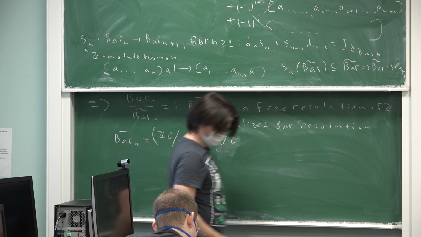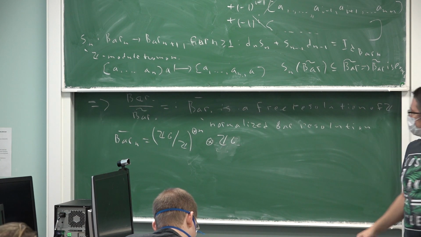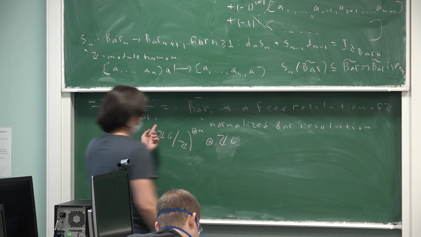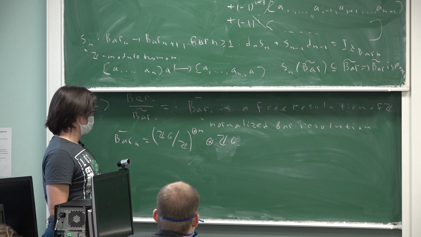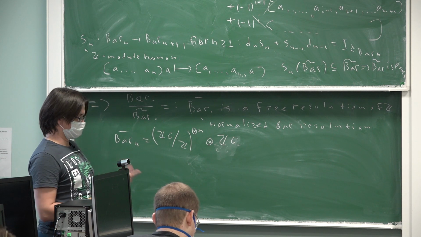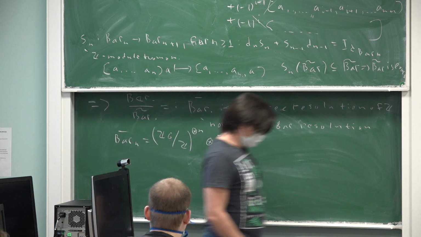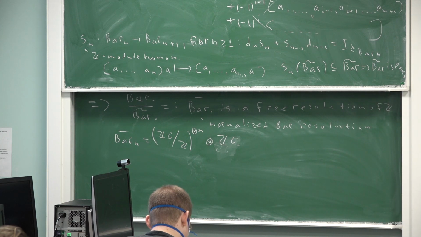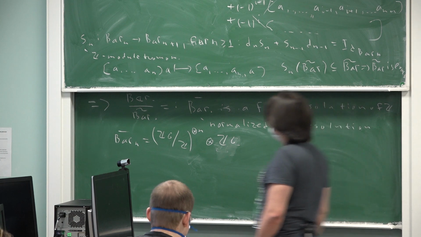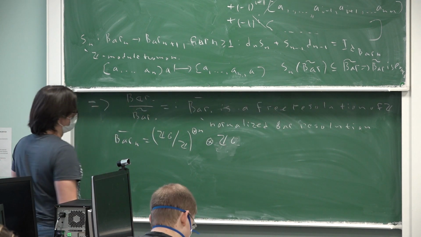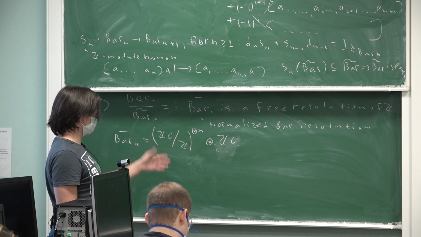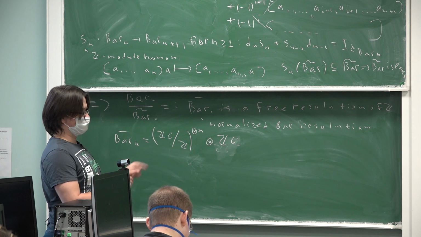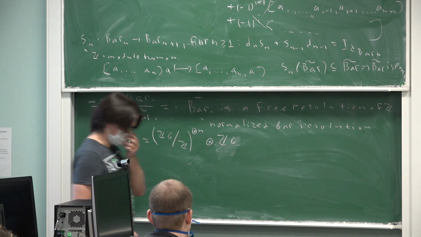So you simply take this factor instead of simply ZG, and the differential is the same. So you only multiply classes.